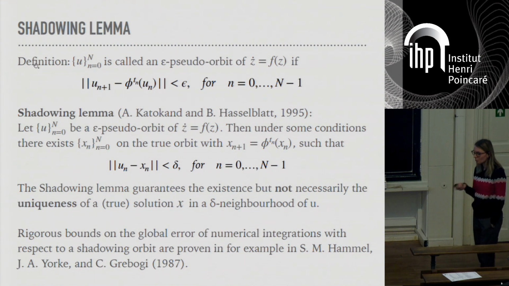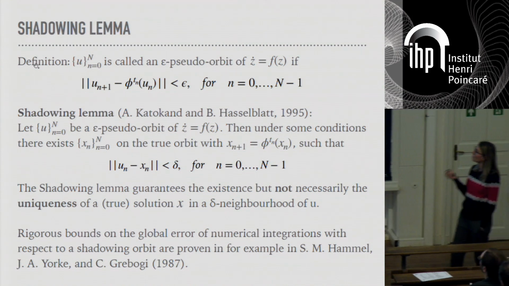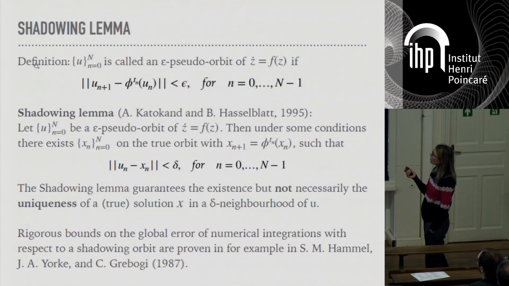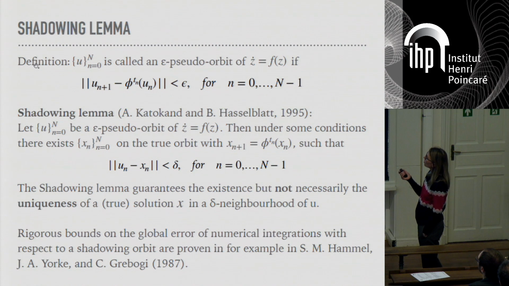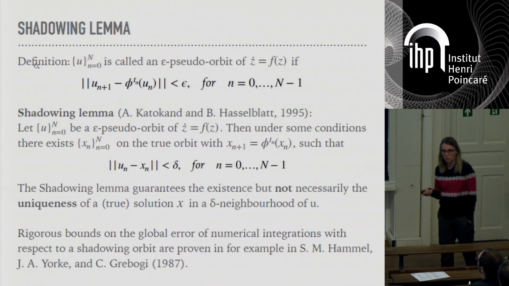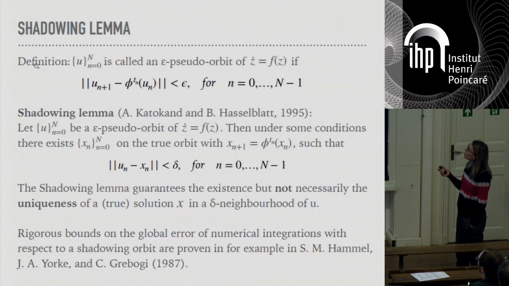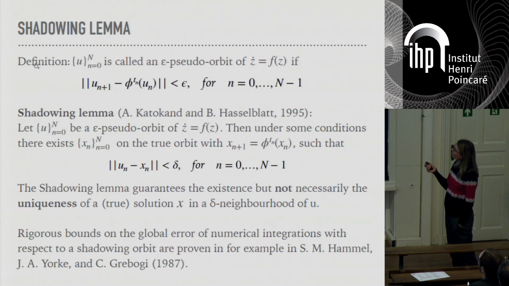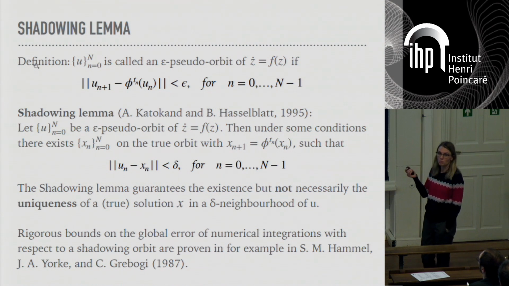So if it would be 0, then it would be just an orbit. But it's not 0, so it's called an epsilon pseudo-orbit, pseudo-orbit because it's not 0, right? And epsilon because this norm is bounded by epsilon.